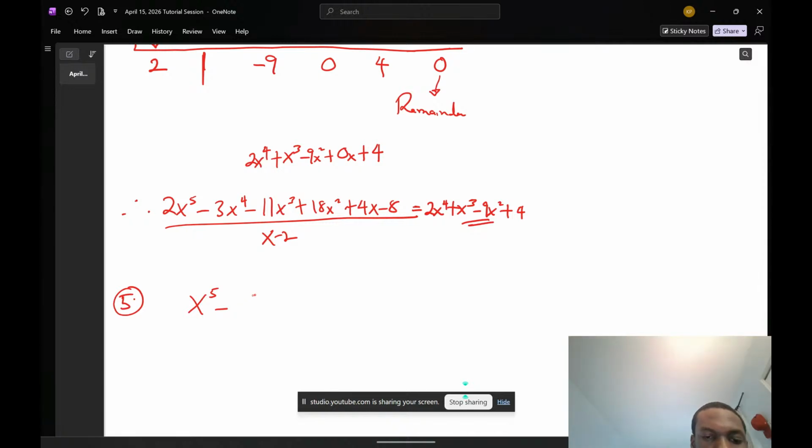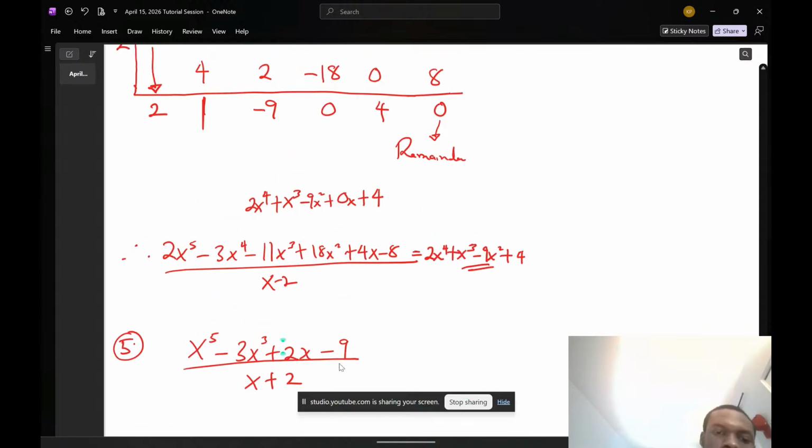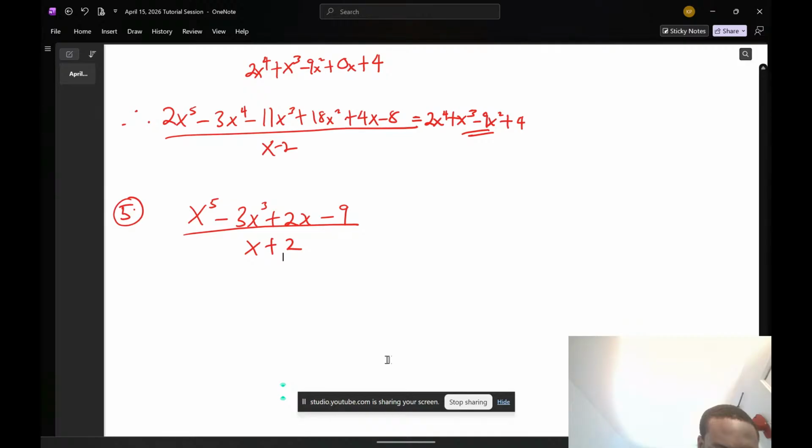So I will do another example for the meantime. We have x raised to power 5 minus 3x cubed plus 2x minus 9 divided by x plus 2. So we do this one. Let's do it like this.